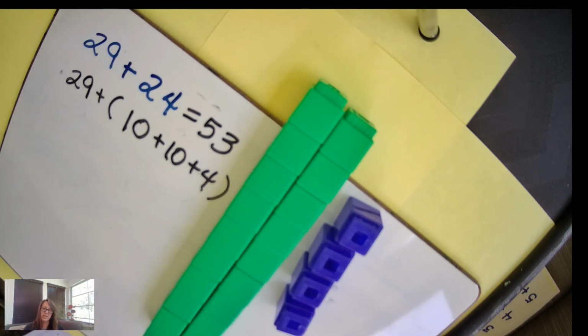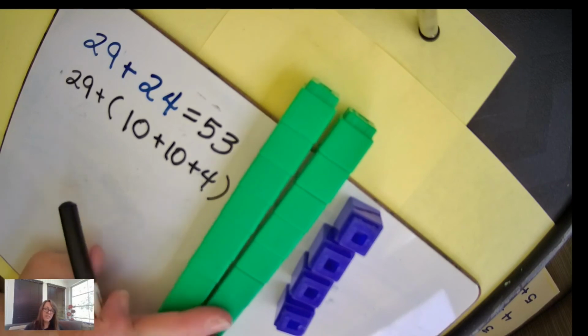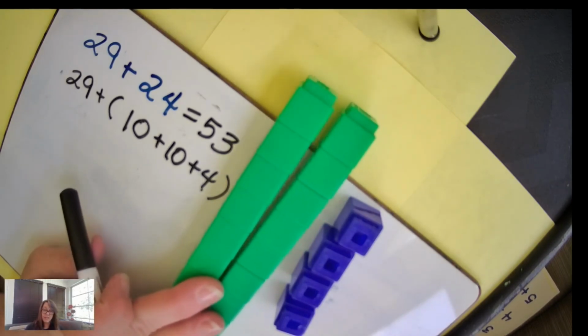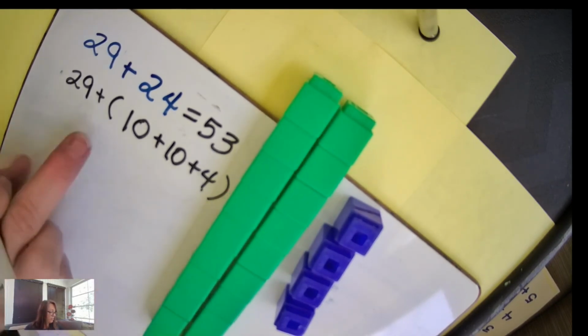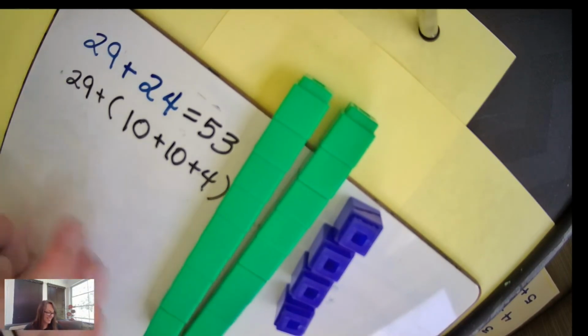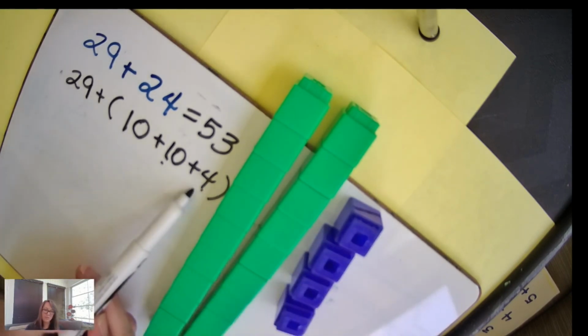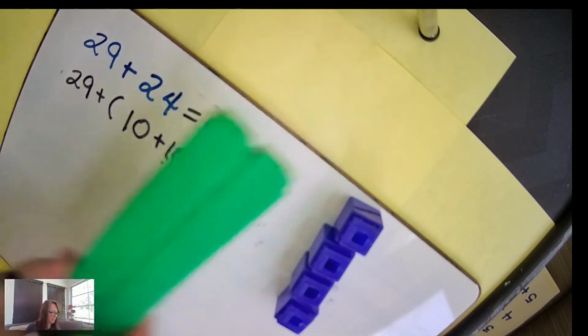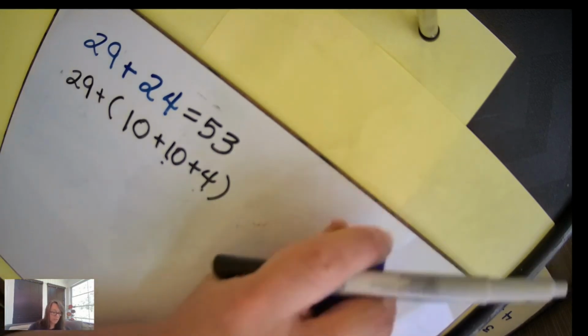Very good. So instead of just saying plus 20, Carlos decided to break 24 into 2 10s, 10 plus 10, and 4 1s plus 4. Very good.